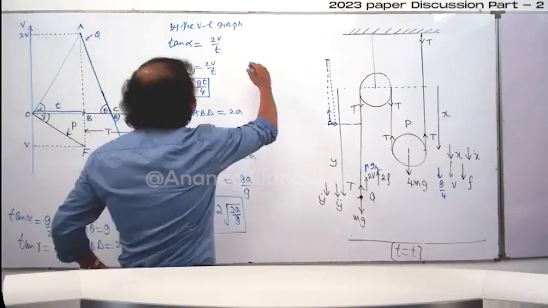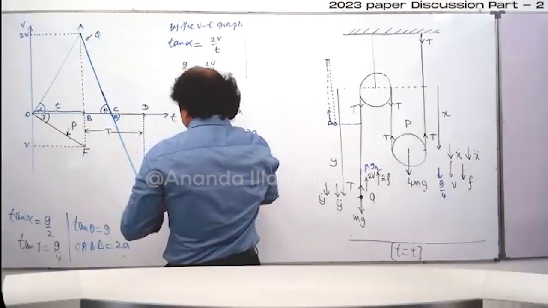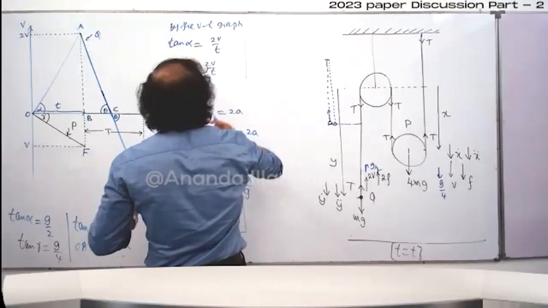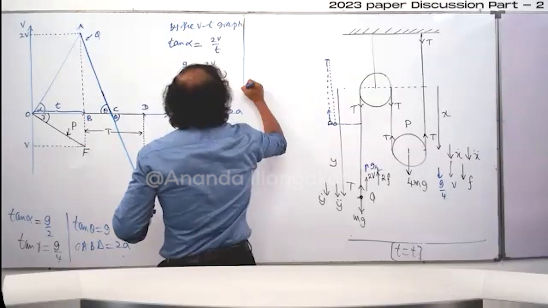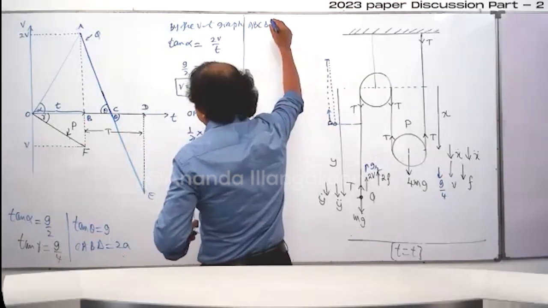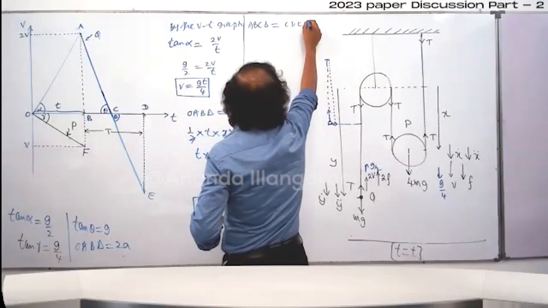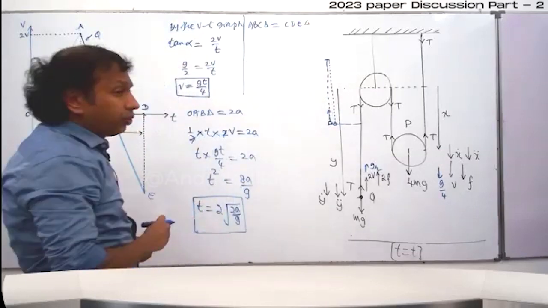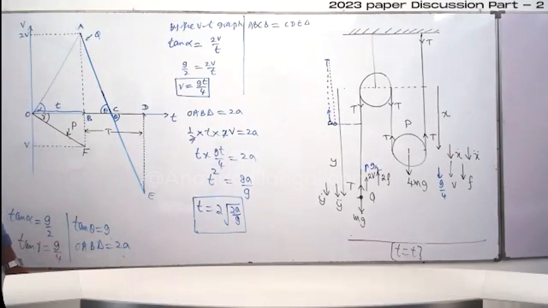The ABC triangle area is equal to the CDE triangle area. You can very clearly understand there. Here we can write the ABC area.